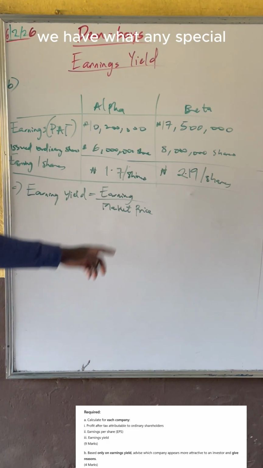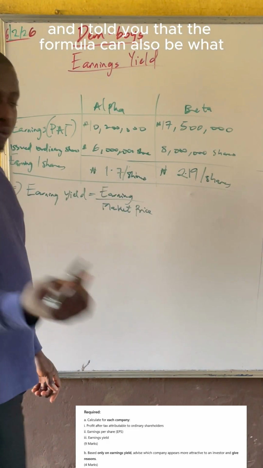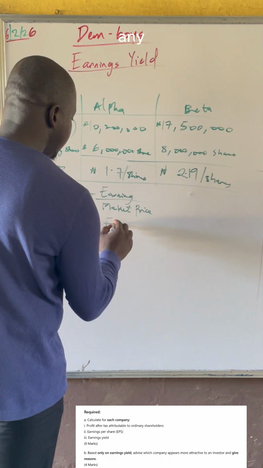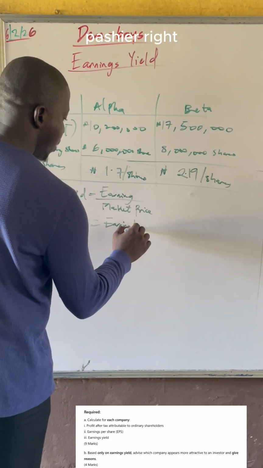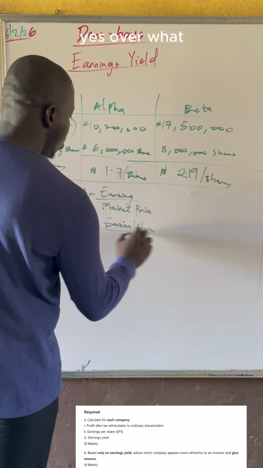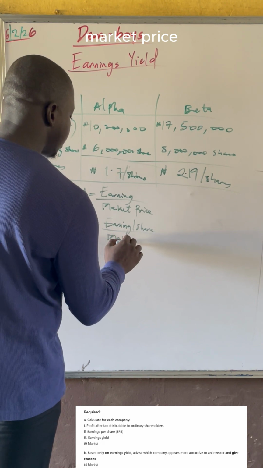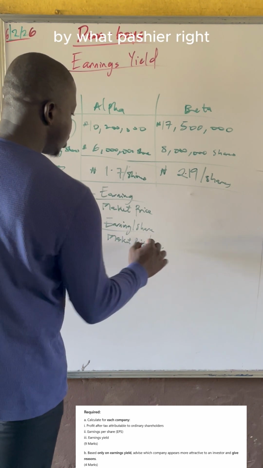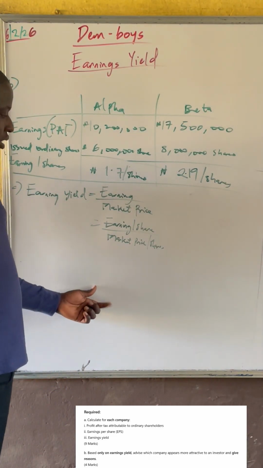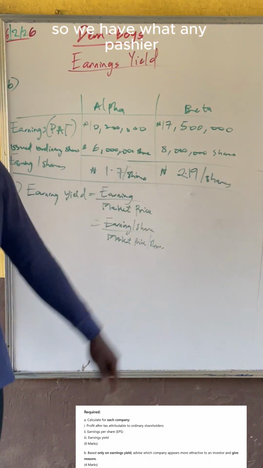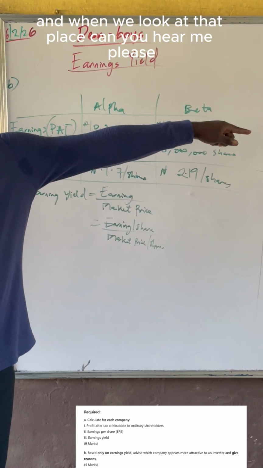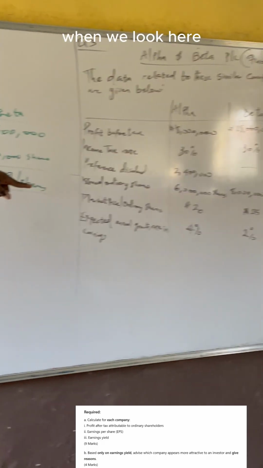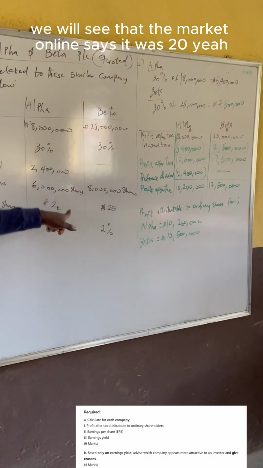Earnings per share. And I told you that the formula can also be earnings per share over market price per share. When we look here, we see that the market price of ordinary shares was 20 for alpha.